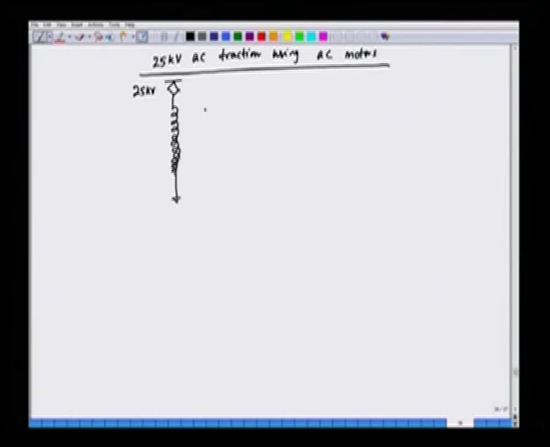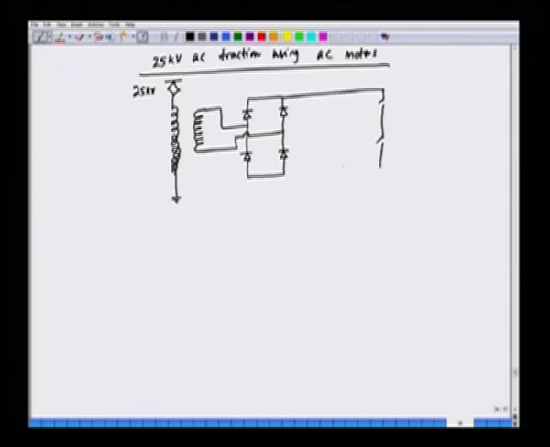Then we have the step down, and we can use a rectifier in this case, followed by the inverters, which could be 3-phase inverters. We can use 3-phase motors.